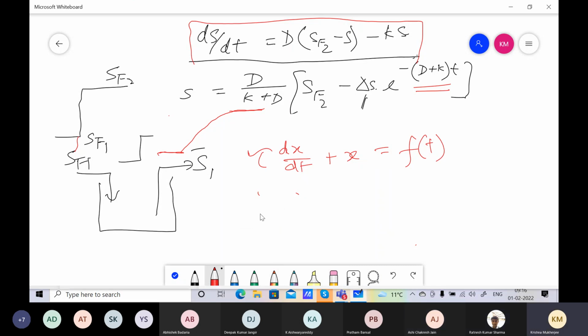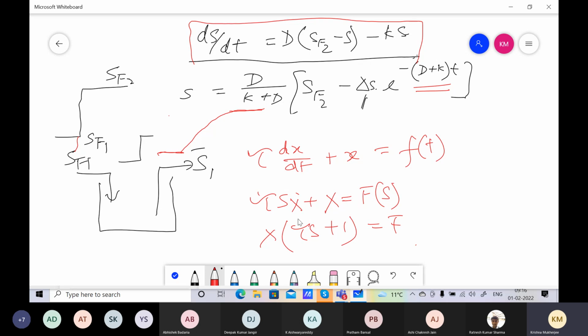Yes, sir. And yes, then, if you take the Laplace, you get essentially tau s x plus x is equal to F(s), where F(s) is the Laplace transform of this, right? And so we essentially get x into tau s plus 1 is equal to F, right?